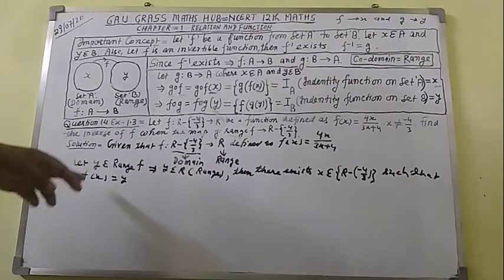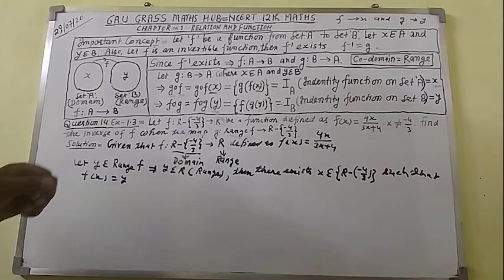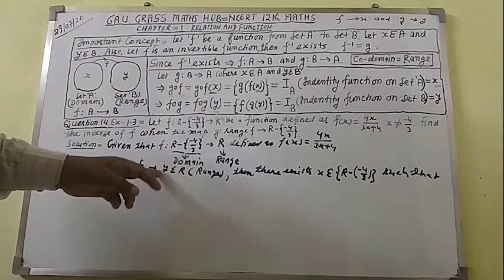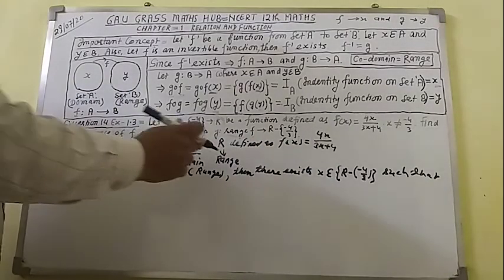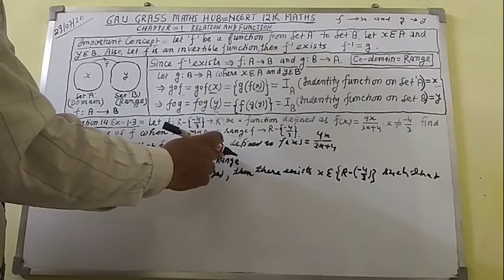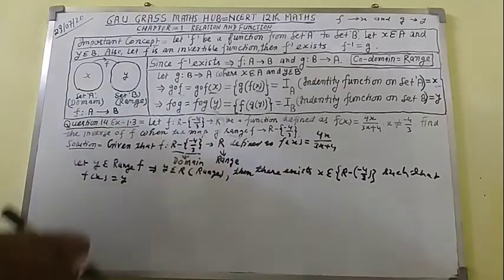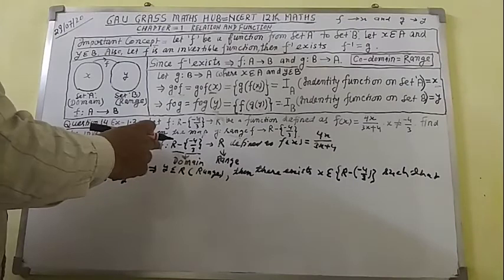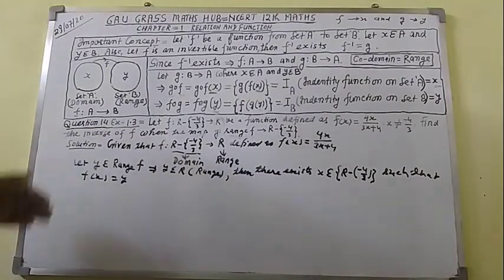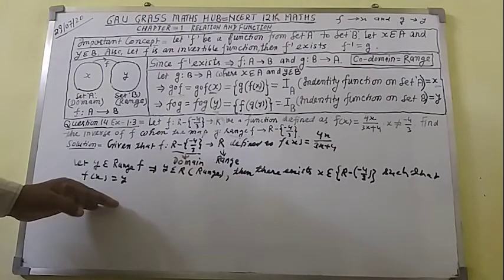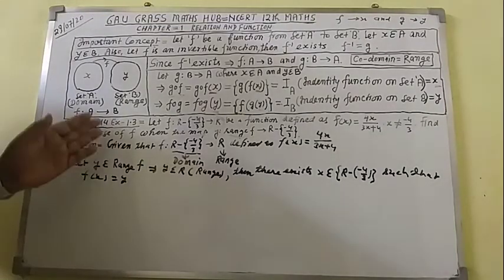We always let small y belong to range f, codomain or range, y belong to capital R. Then there exists x, small x, belonging to domain, such that f(x) equals y. So this is the basic concept you must always remember in order to prove that a function is an onto function.